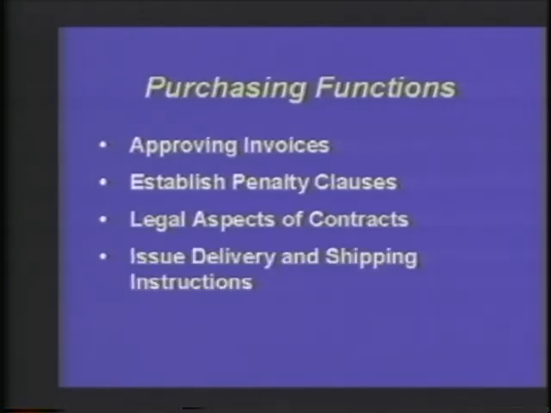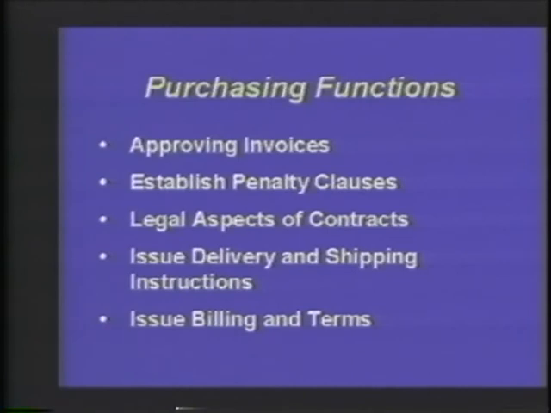Issue, delivery, and shipping instructions would be that information which is required by the storeroom to either return rejected or other types of material to a supplier, or send, let's say, items out for repair.